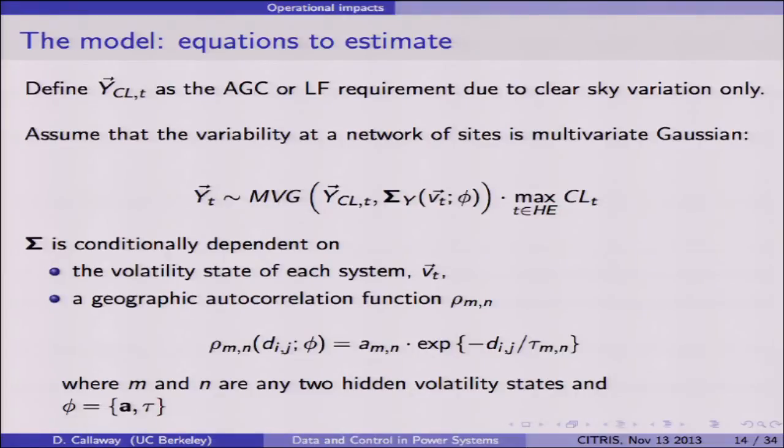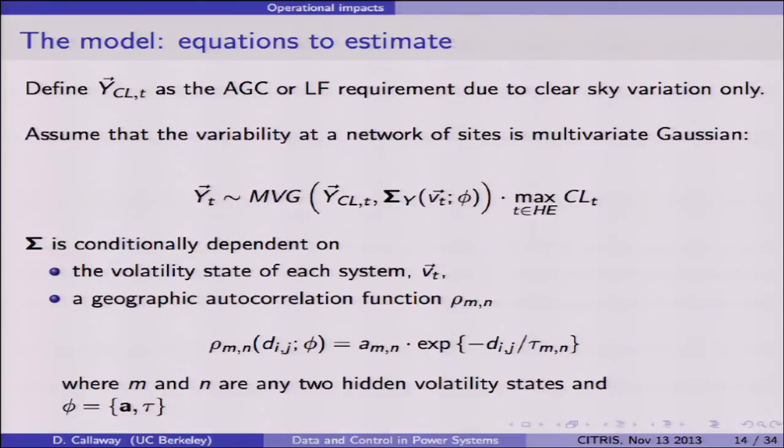It's a covariance matrix, and that allows us to say that the production between adjacent sites can be correlated. And the things that determine the structure of that covariance matrix are the volatility state. That is, for each individual site, you can intuitively think, is it partly cloudy, is it sunny? And then a vector of parameters phi that describe the spatial autocorrelation.